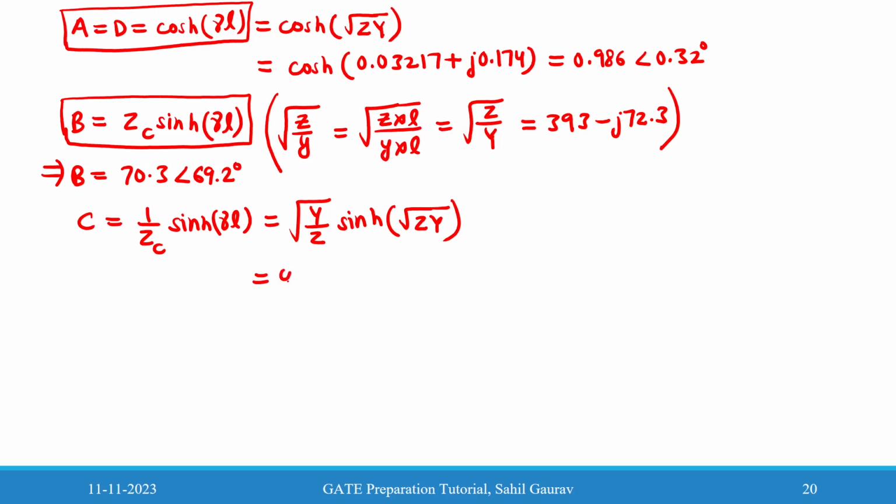So it will be coming as 4.44 into 10 to the power minus 4 angle 90 degrees. So it is j4.44 into 10 to the power minus 4. So we have found all the ABCD parameters.